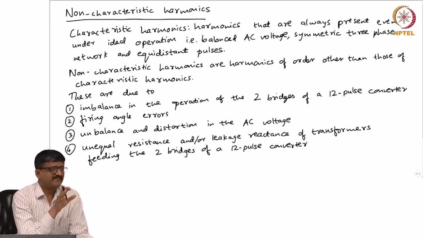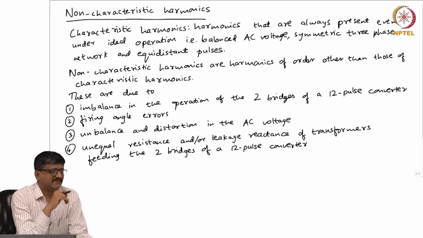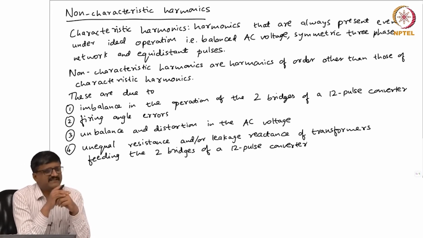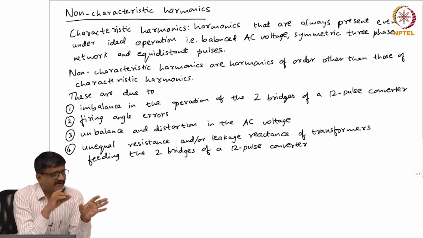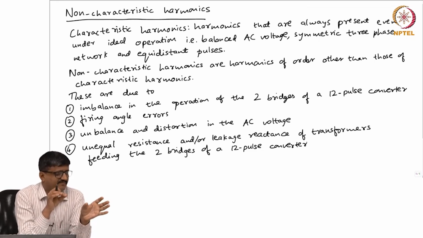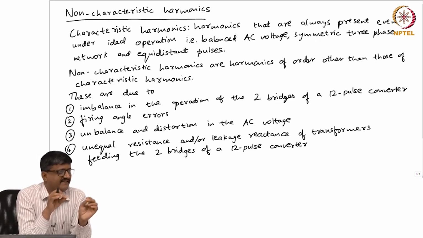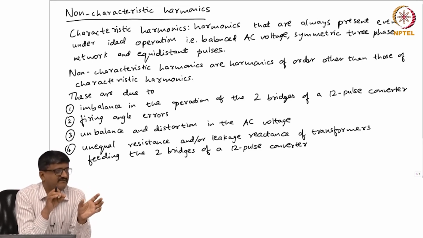If they are not the same, there will be no perfect cancellation. Now, that assumption is strictly not true, but the point is these resistances and leakage reactances are small. So, though there will not be complete elimination, there will be a drastic reduction in all those harmonics which are not supposed to be there ideally. Suppose I take the fifth harmonic, it will not get completely eliminated.